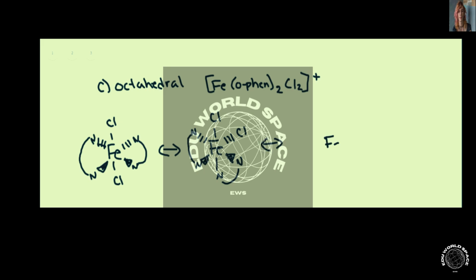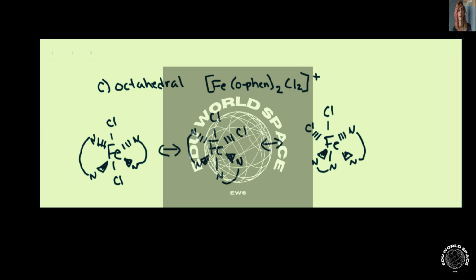So we can draw that where we have the chlorine, and then the mirror image would have this chlorine here, this then here, this then here, and then this guy that way.